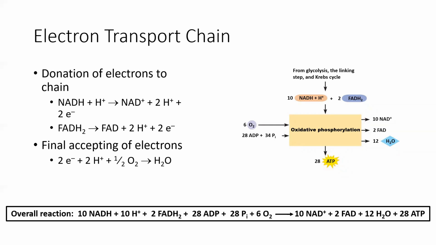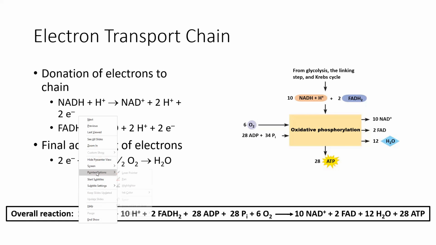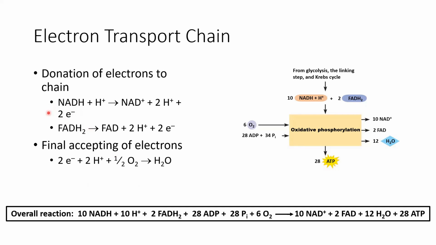So just to recap what we've said in that drawing, we're going to go through the schematic that's shown here. The donation of electrons to the electron transport chain is happening via the oxidation of NADH to NAD+, and the electrons are now liberated here. So we've got 2 electrons here, 2 electrons also liberated from FADH2.